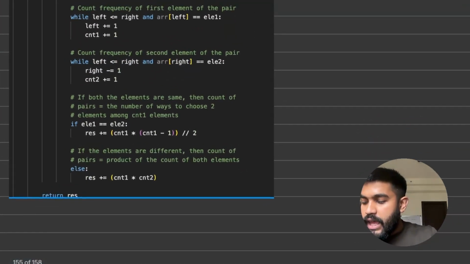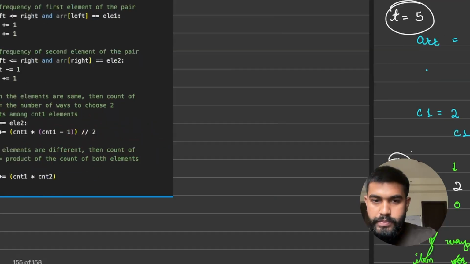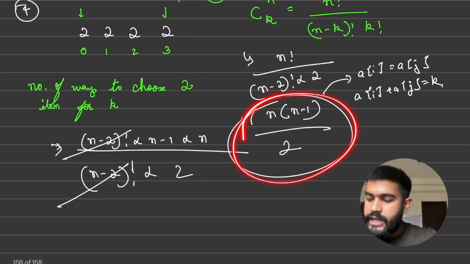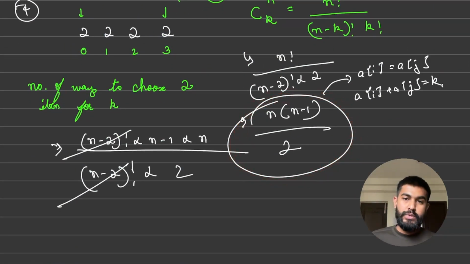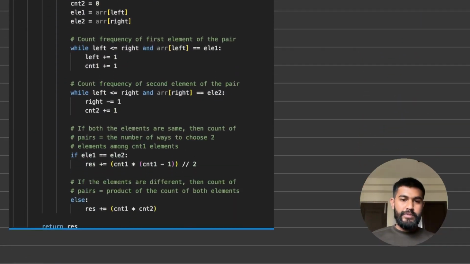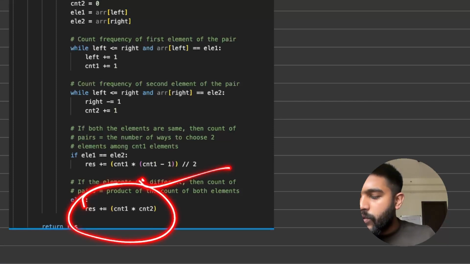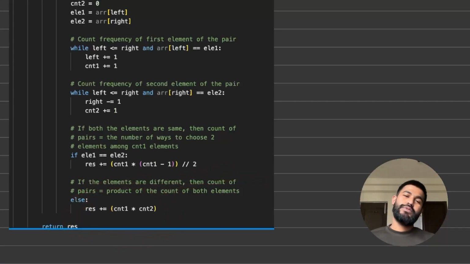Now, if the elements are equal, then it would be count multiplied by count minus 1 divided by 2. This formula, n into n minus 1 divided by 2. Then, if it is not the scenario, if the elements are different, that would be count 1 multiplied by count 2. So by doing this, we can get the overall count of the number of pairs which sums up to this value.